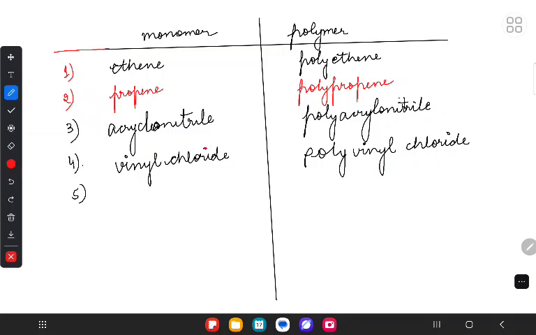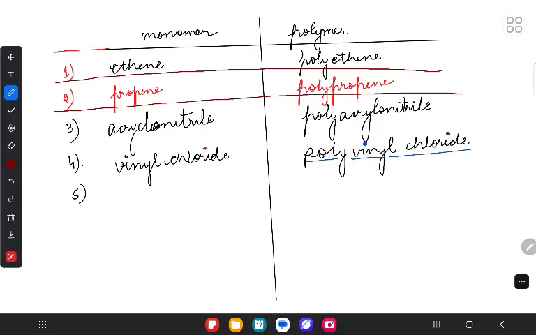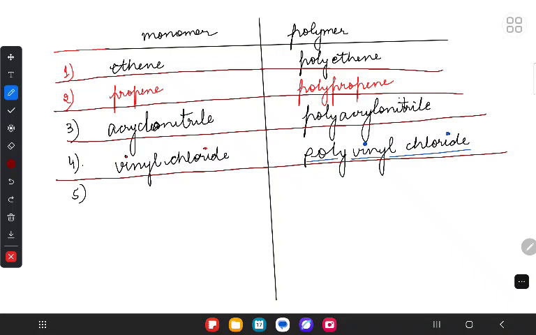Are we understanding? So we have ethene to polythene, propene to polypropene, acrylonitrile to polyacrylonitrile, vinyl chloride to polyvinyl chloride.